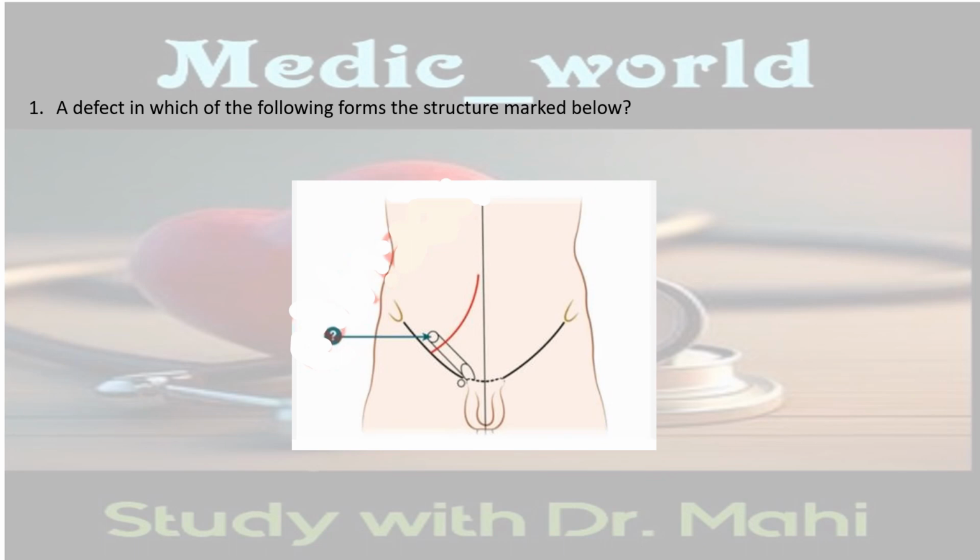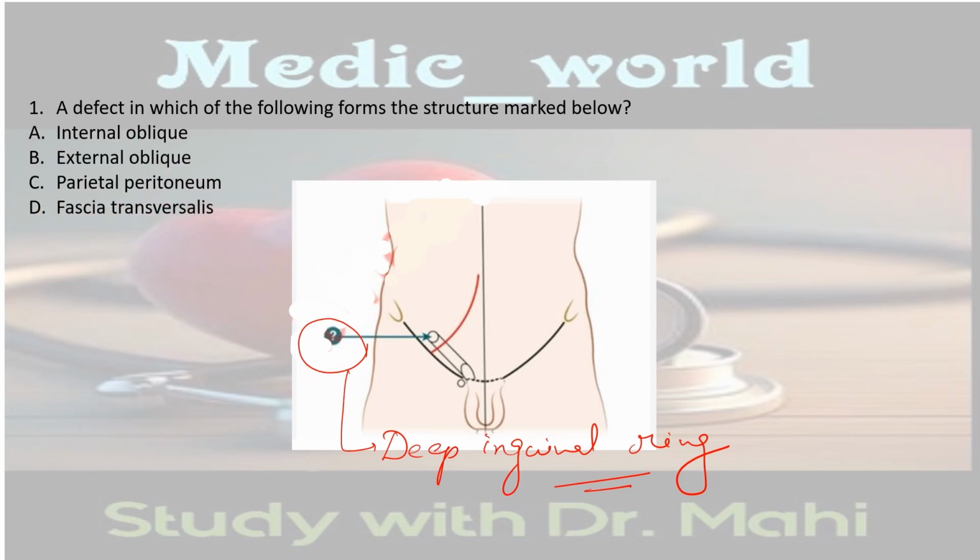The structure which is marked here is the deep inguinal ring, and it is formed by the defect in fascia transversalis. So the answer to this question is option D, that is fascia transversalis.